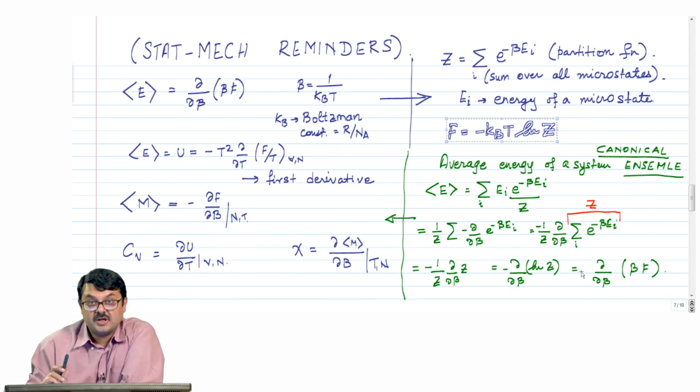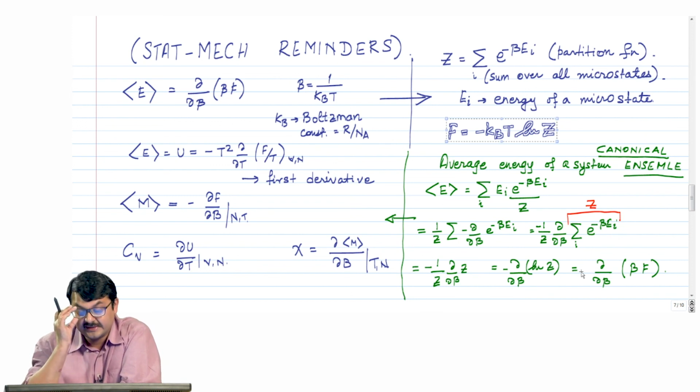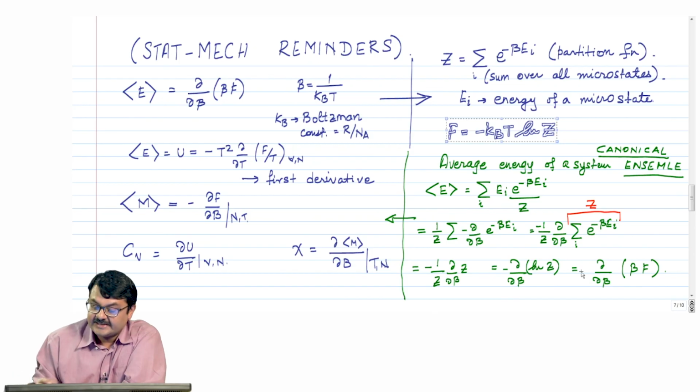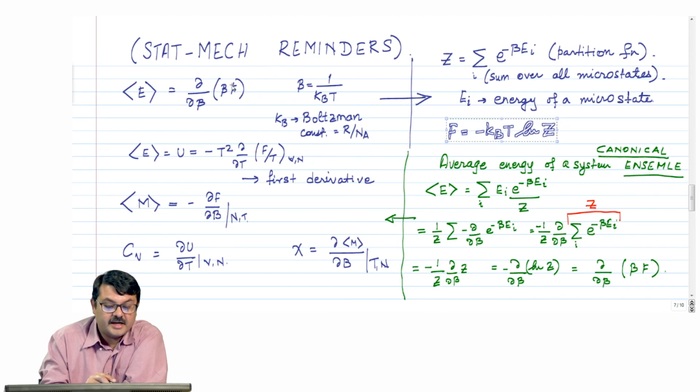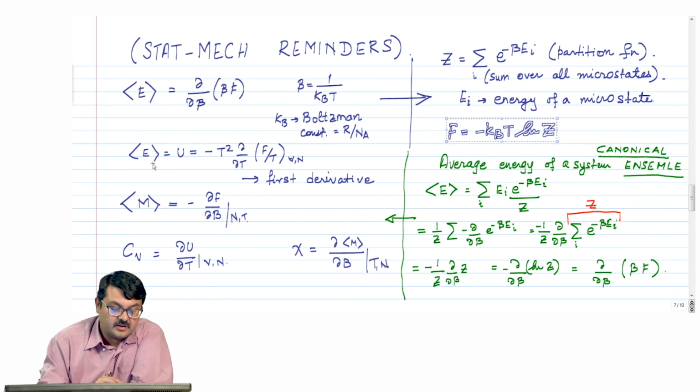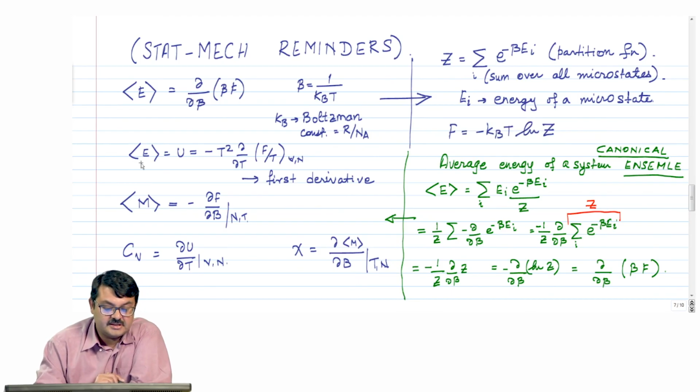So, what I have shown here, which you should have done already in a StatMech course, is that the average energy of the system can be written as del by del beta of beta times the free energy. If you use this relation, you can also write this average energy in terms of T squared, T being the temperature, del by del T of F by T.